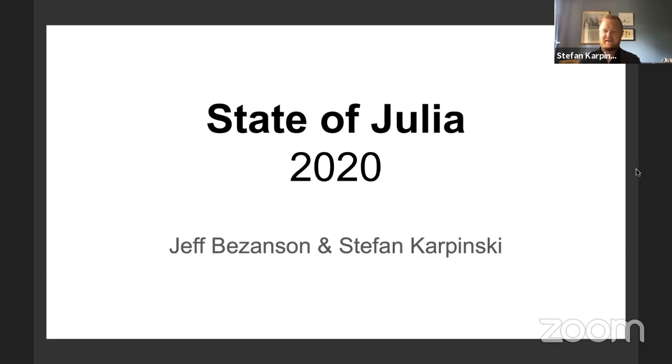So we're just going to look back at some of the things that have happened since 1.0, what the big developments in the ecosystem and the language have been, and also look forward to what we have coming down the pipeline in the near and slightly further future.